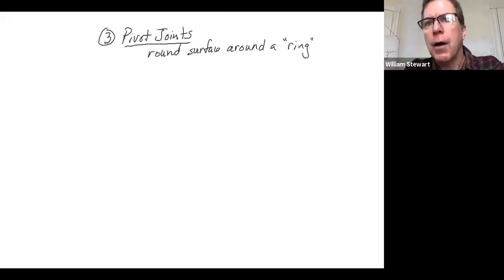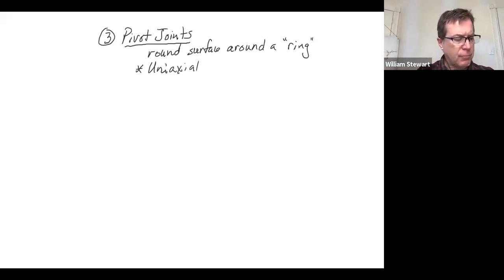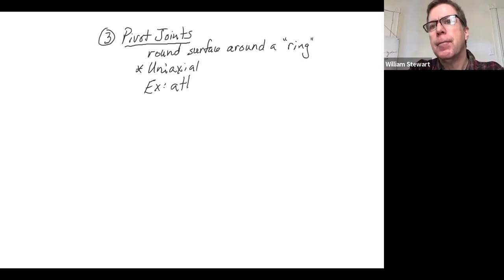These also are uniaxial, so they move in one plane. And what we usually get is some sort of a rotation movement, but the examples would be, these are classic examples of where we find pivot joints in the body. The atlas axis joint.